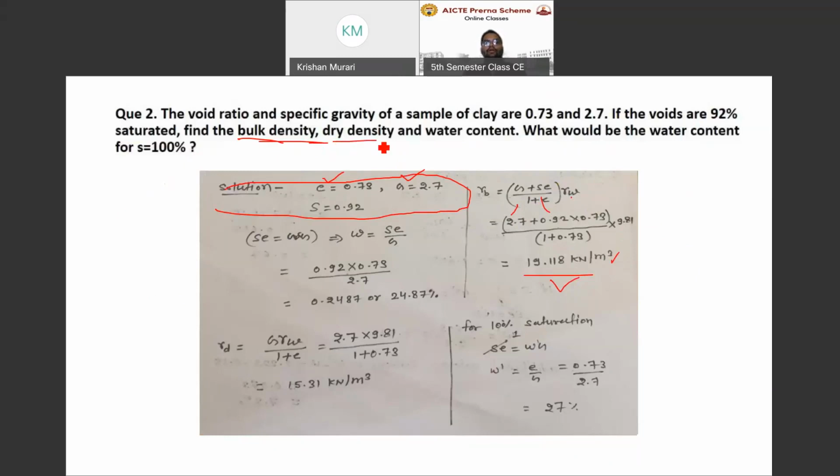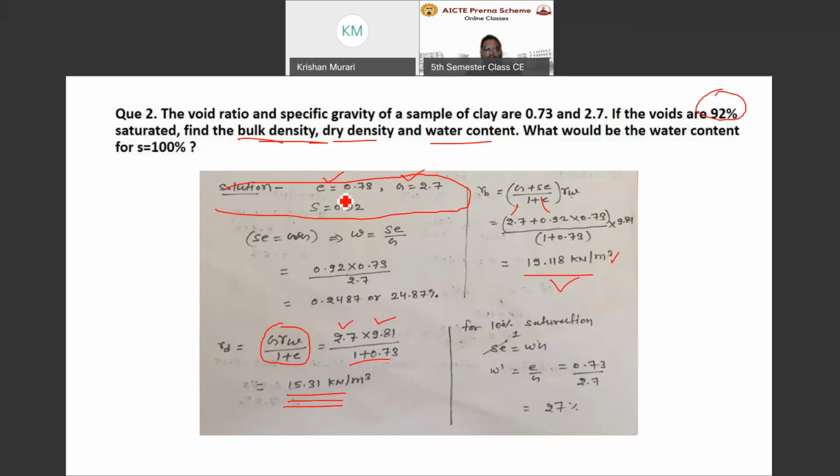Now the second, dry density. The dry density is G gamma W upon 1 plus e. Here G is given, the unit weight of water you know, and e is also given, 1.73, so you can calculate 15.31 kilonewton per meter cube. Now the term of water content. What is the water content at the present condition, if the saturation level is 92%?